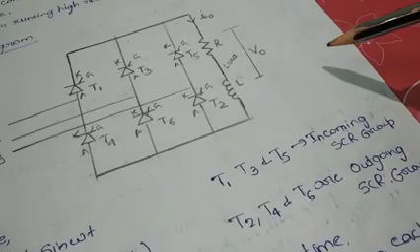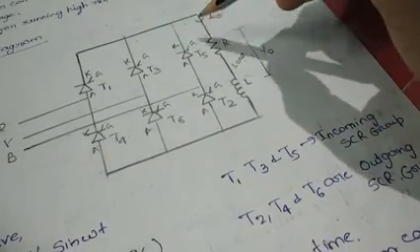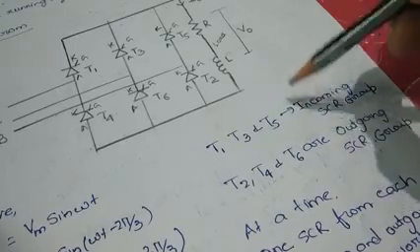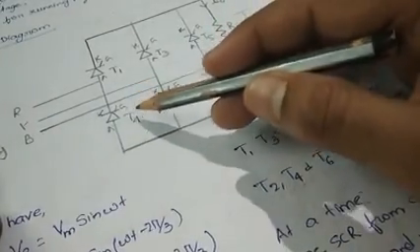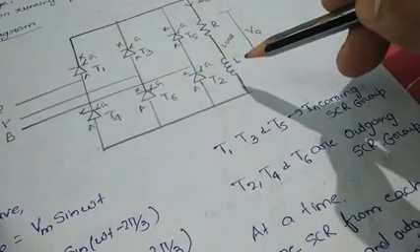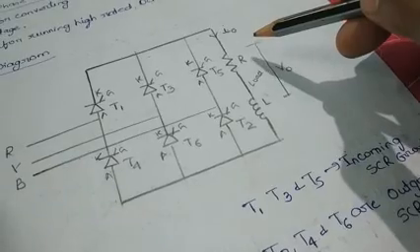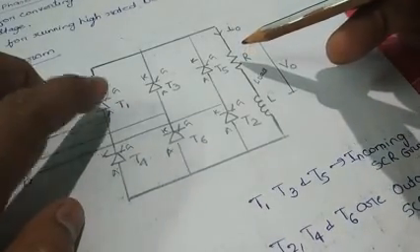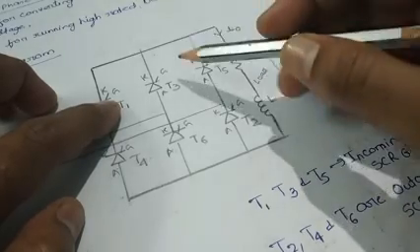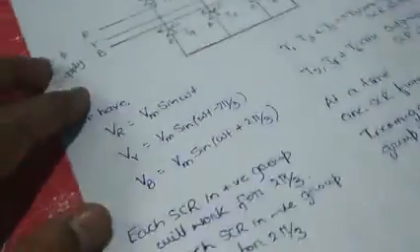The current enters the load through one of the positive group SCRs, and exits from the load through one of T2, T4 and T6. Naming doesn't matter at all; you can also write T3 here and T1 there.